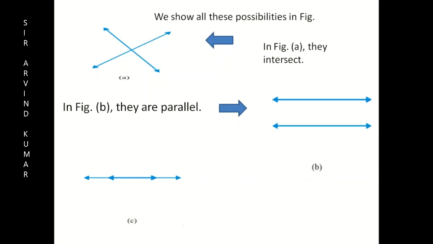Now the third one, see what you can find here in figure C. Pause the video and write it, and then yes, these two lines are coincident lines. So these three are examples of the various possibilities for a pair of straight lines graphically or geometrically.